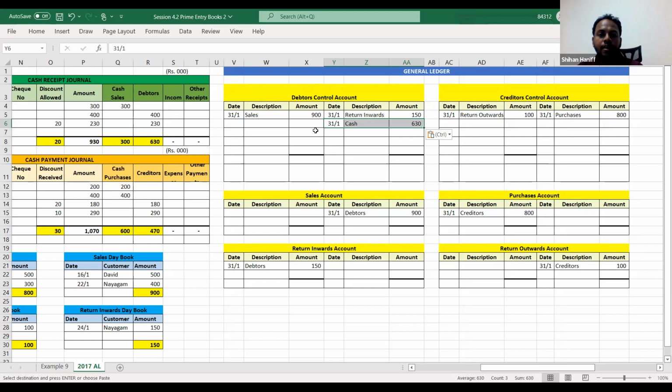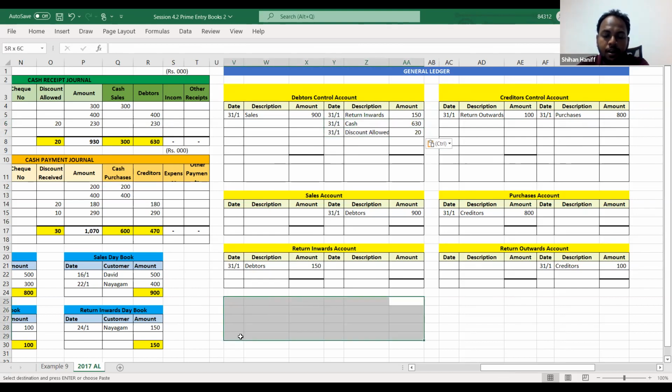Cash account debit, debtors account credit. Discount also, you have to credit debtors and debit discount allowed account. So you can prepare a discount allowed account and debit the discount allowed.